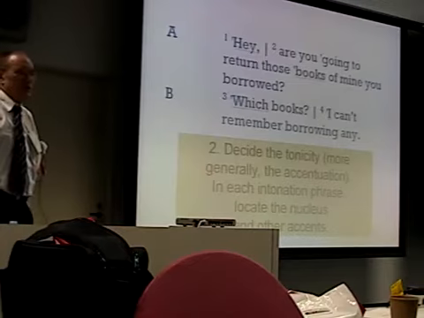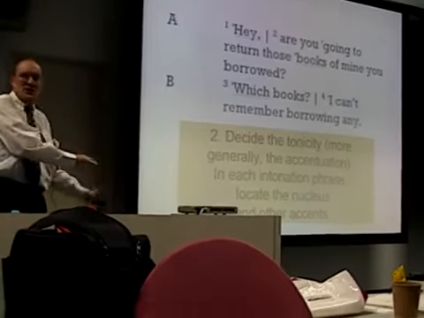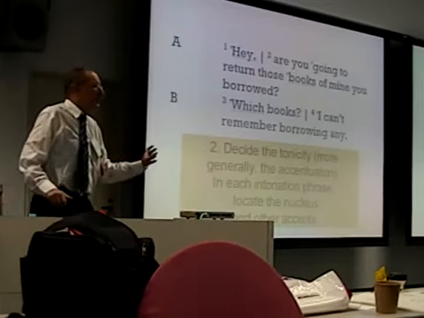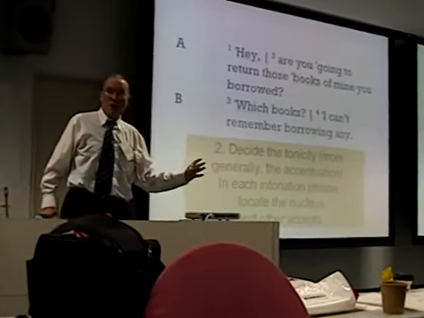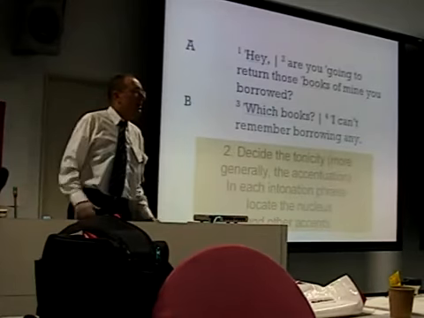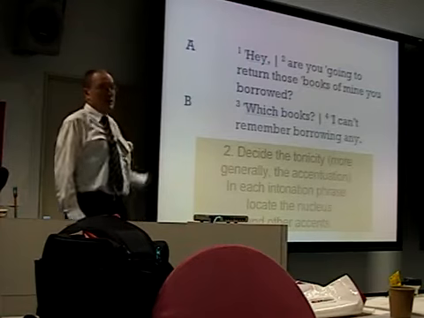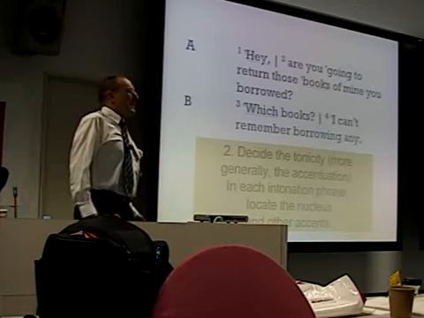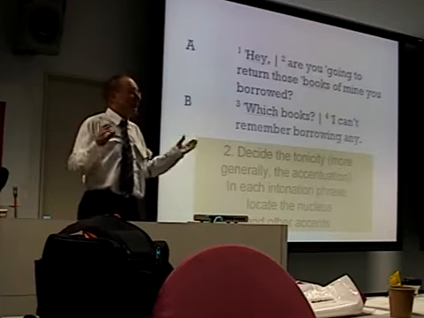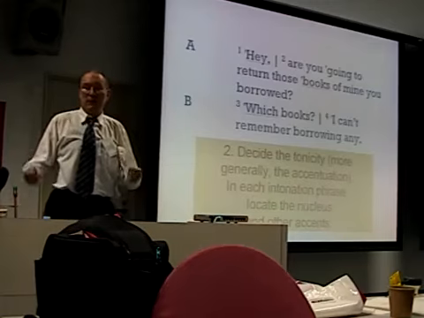Now what have we got next? We've got a question. Questions fall into 2 main groups. Yes-no questions and WH questions. Yes-no questions are capable of being answered by yes or no. WH questions, which ask you which, who, why, when, where, want a more specific answer. The basic rule in intonation is that yes-no questions tend to have a rise, WH questions tend to have a fall.